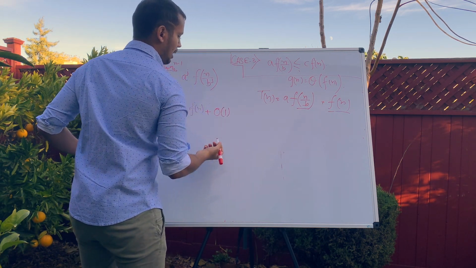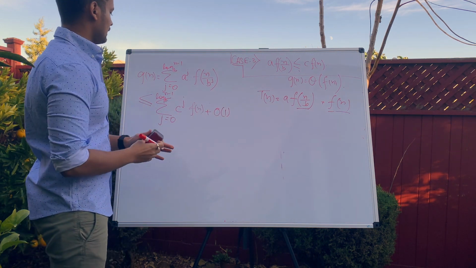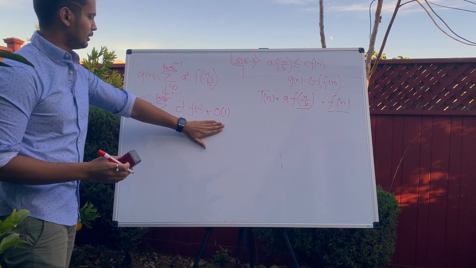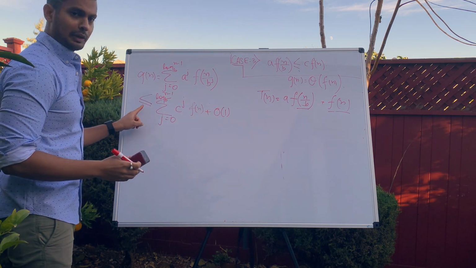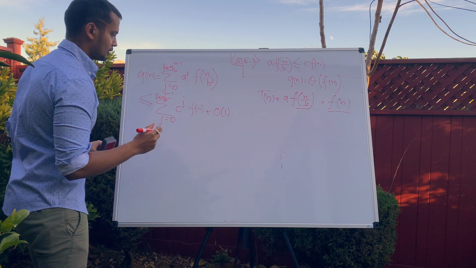I mean, this can be like 1,000, 10,000, anything, any constant over here. But ultimately, this particular expression is greater than or equal to the above one because of the condition given to us.